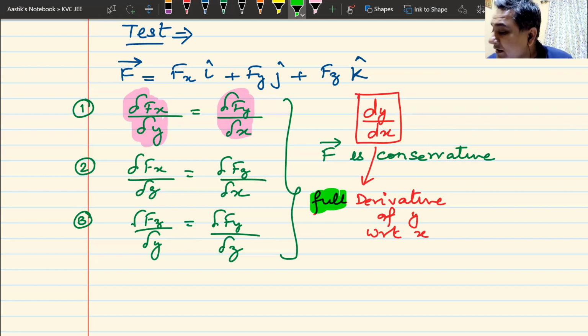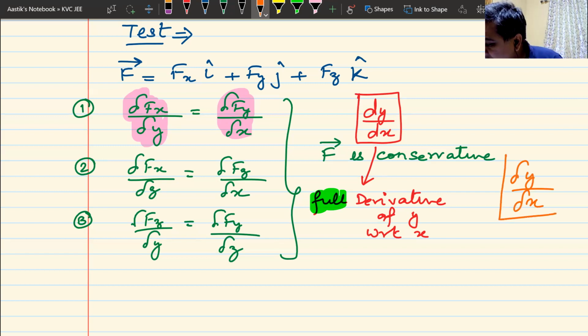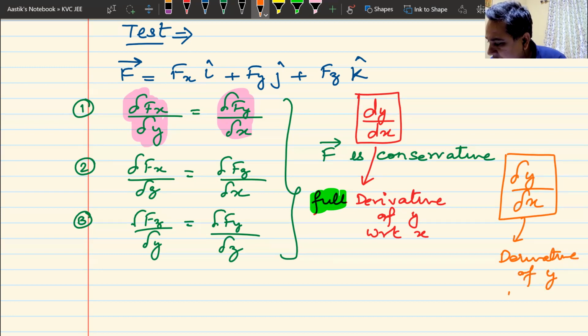So now we have another term coming up, del y by del x. Now instead of d, I've used del, a Greek alphabet. Del y by del x means it is still the derivative of y with respect to x.